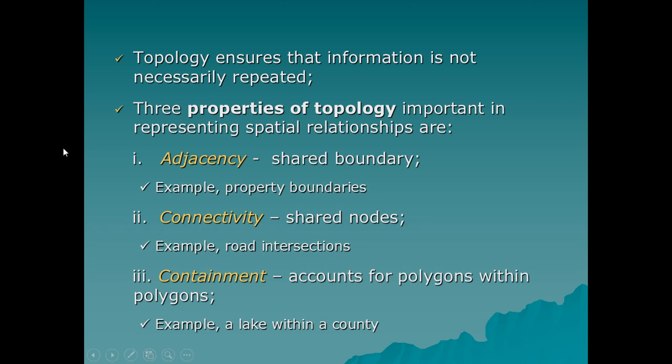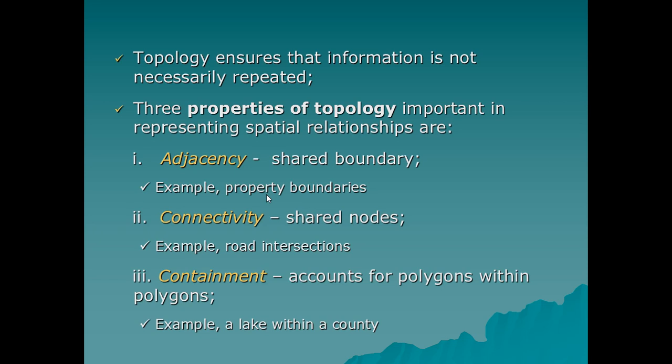For example, adjacency refers to the sharing of boundaries. So you can have two properties right alongside each other sharing one boundary, but because we know that they are adjacent to each other and they're two distinct properties, it's not necessary for you to have more than one boundary line between them. Just imagine you have two properties and you have a wall between them. Is it necessary to have two separate walls?